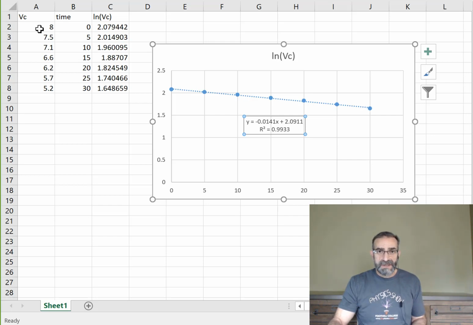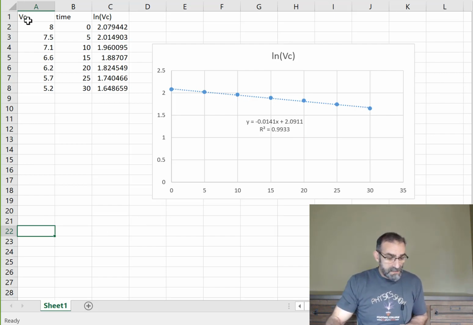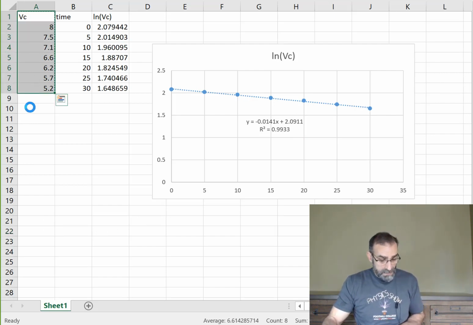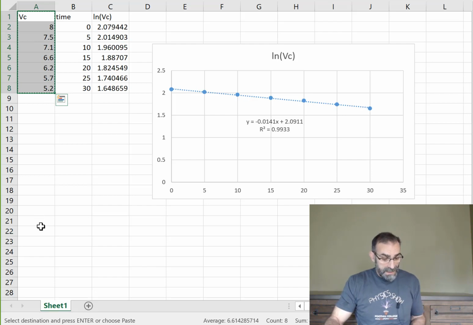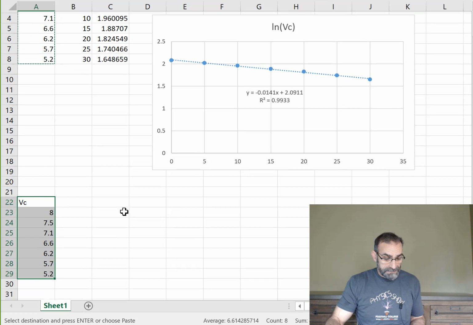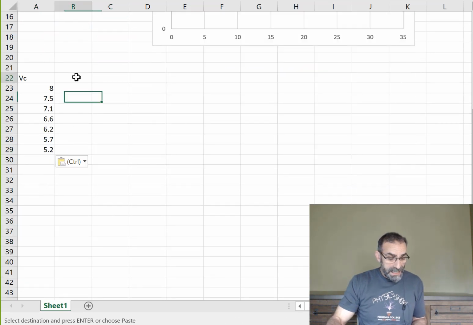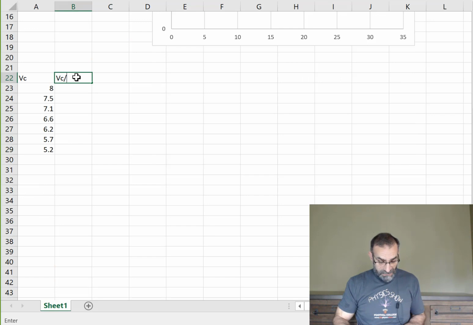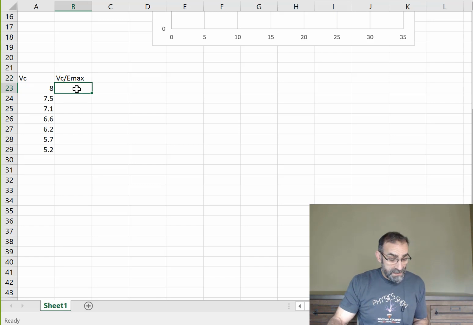You record the voltage. You can divide by a constant, right? So I can have my data here, and then I can have a column that says VC divided by E max, and so this is going to be equals the value divided by 8, right?